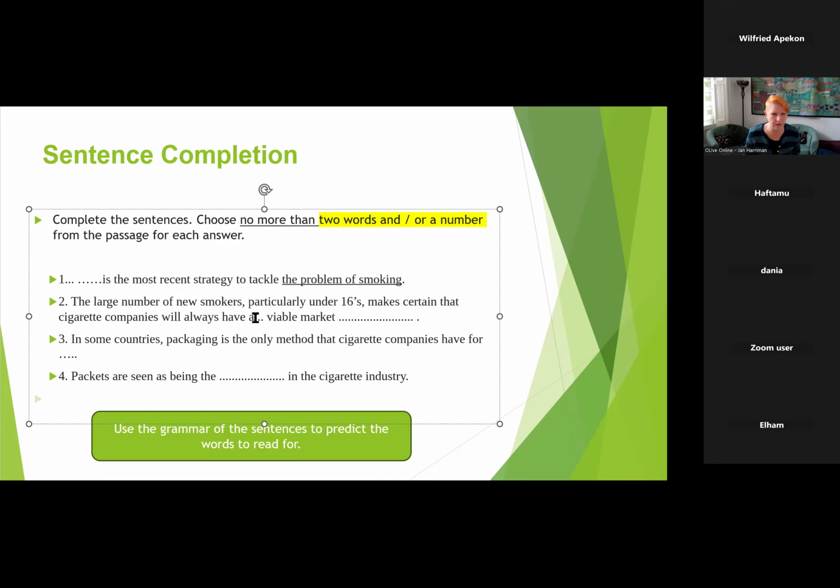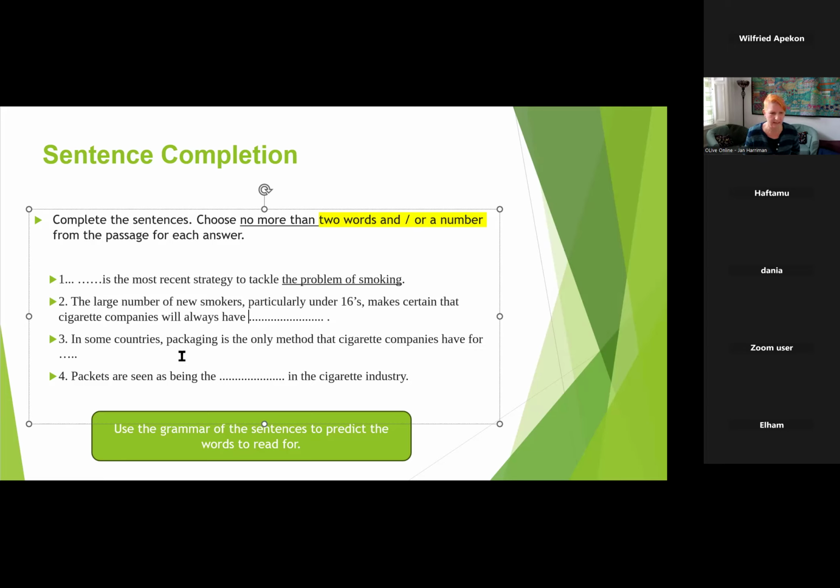"The large numbers of new smokers, particularly under 16s, makes certain that cigarette companies will always have blank."